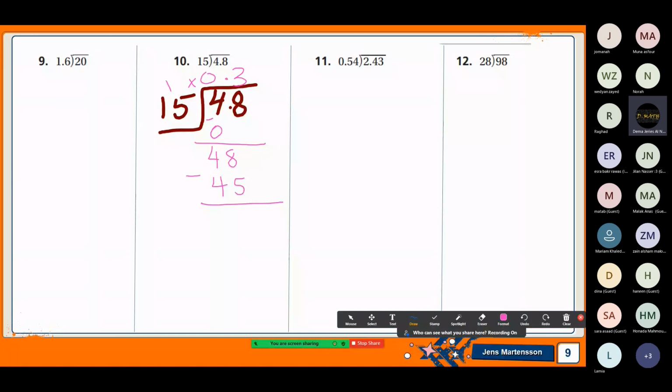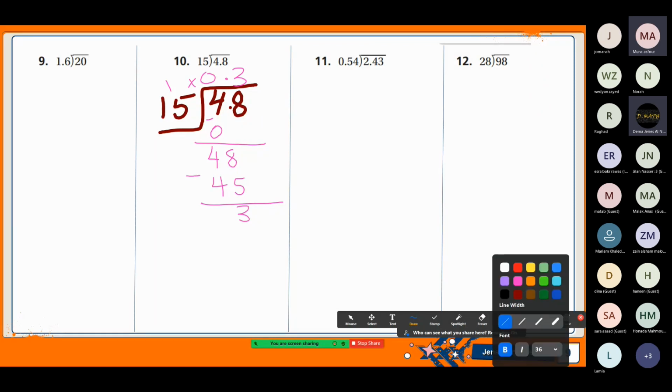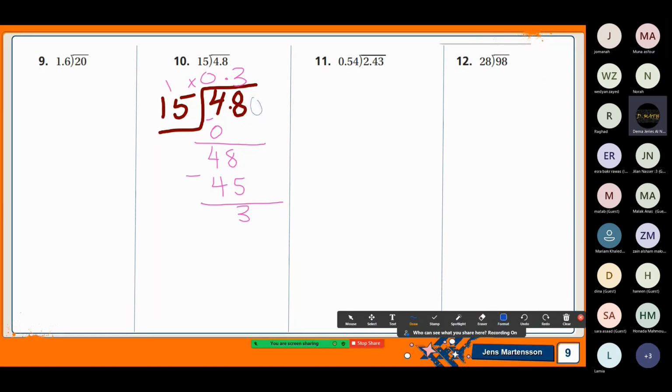Then 48 minus 45 is 3. Is there a remainder? Yes, the 3. So we'll put 0 without a point. Bravo. Thank you, Muna.